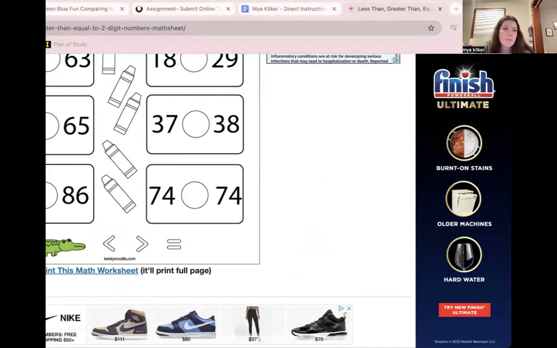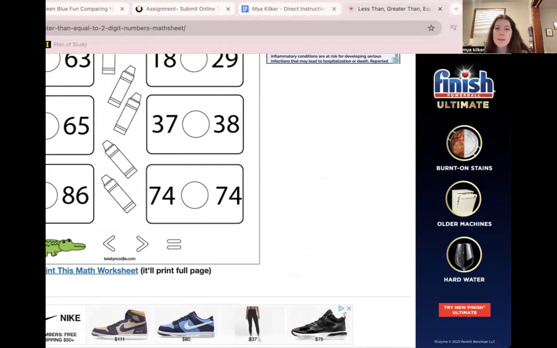Okay, let's zoom in. It gives us the first one: compare the numbers, write the correct symbol, less than, greater than, or equal to. They did the first one for us. So 21 is less than 23.